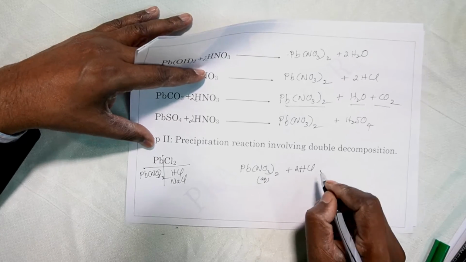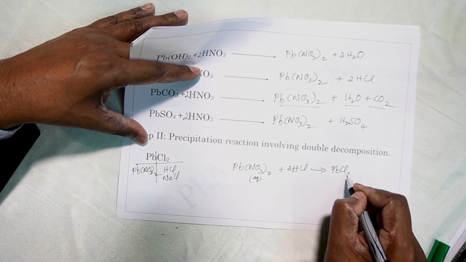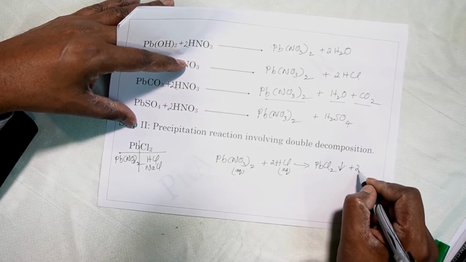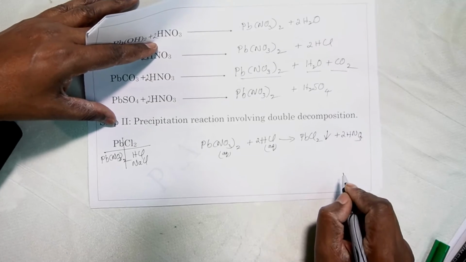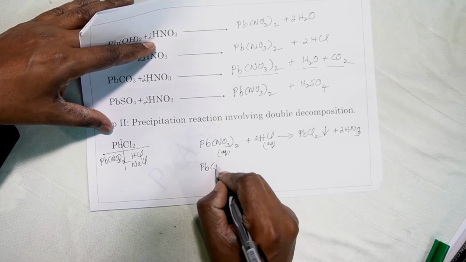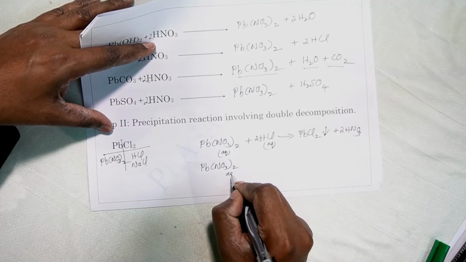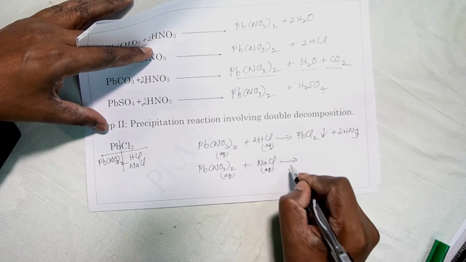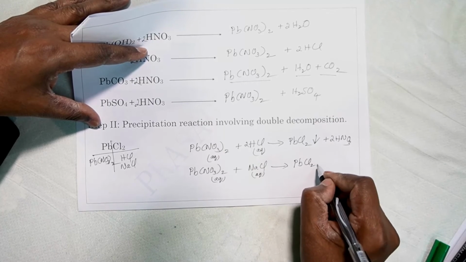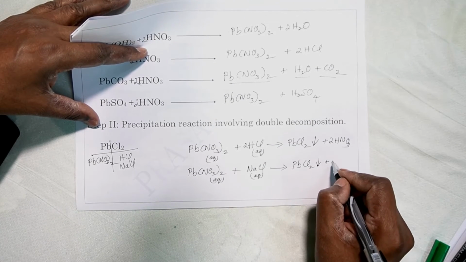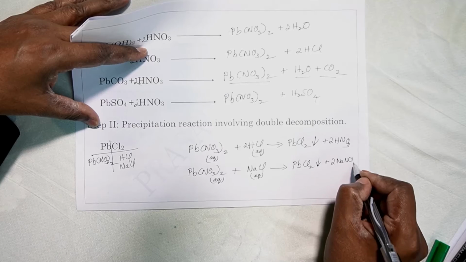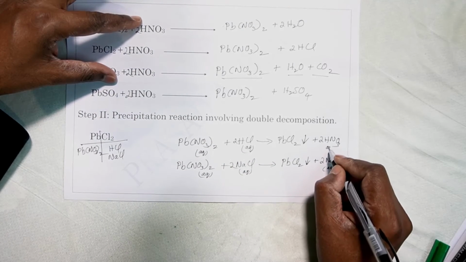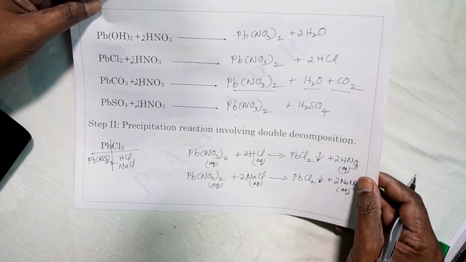Plus 2HCl you will get PbCl2, a precipitate, insoluble salt, plus 2HNO3. And in the same way we can use Pb(NO3)2 aqueous plus NaCl aqueous. So you get PbCl2, which is a precipitate, plus 2NaNO3. Okay, here it has to be 2NaCl, right? So this is again aqueous. So you got lead chloride by this method.